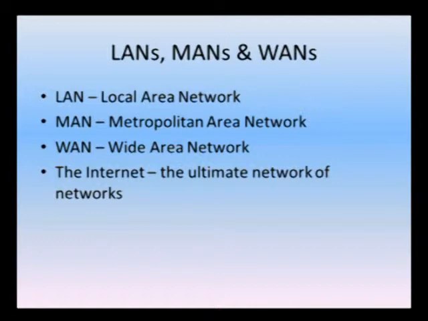Metropolitan area networks are generally interconnected using microwave towers, and you need line of sight in order to implement that kind of connection between two LANs on a MAN. But there's no way you're going to get a line of sight connectivity between Atlanta and Paris, because the curvature of the Earth is in the way.